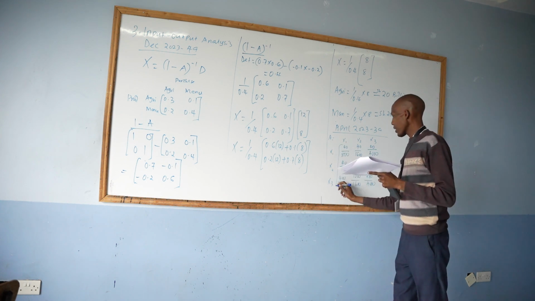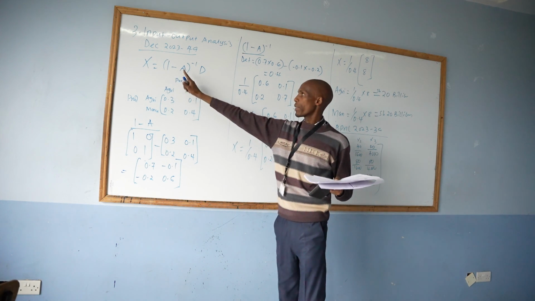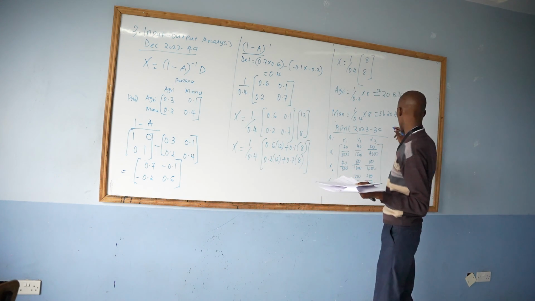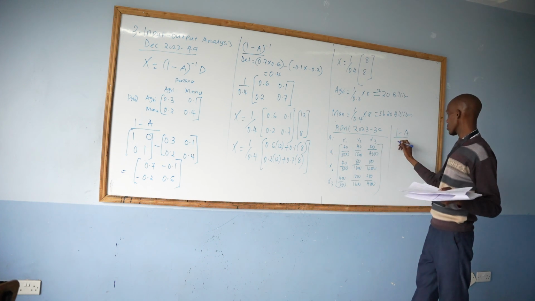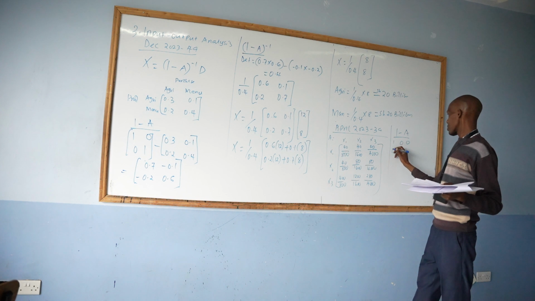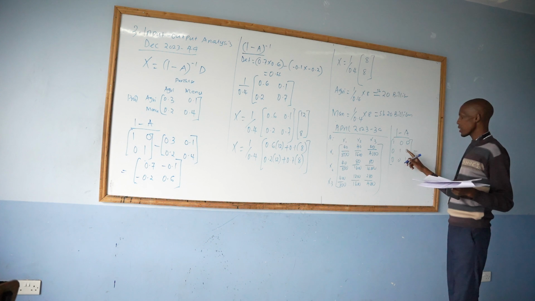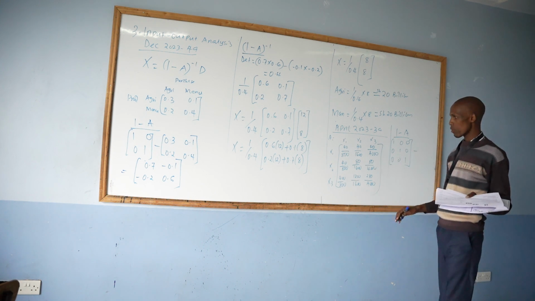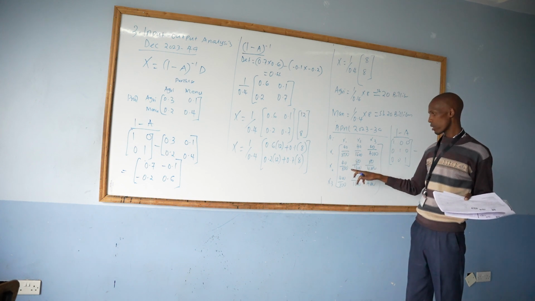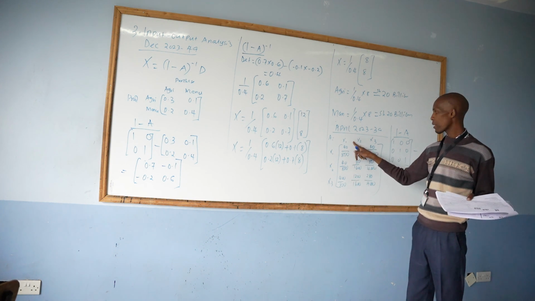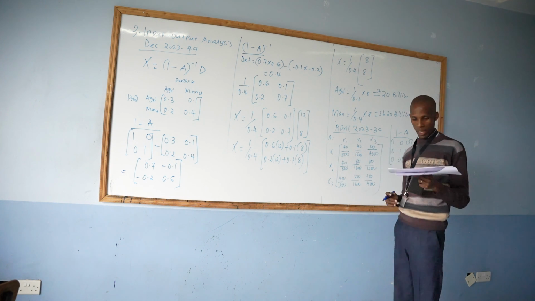Once you come up with A, you use the identity matrix of 3 by 3 to get I minus A. So you have 1, 0, 0, 0, 1, 0, 0, 0, 1 minus the answer that you get here. Then you get the inverse. The other steps will follow. Remember, we are saying 40 divided by the total of X1, because you are buying from X1, and you are buying from X2, that's why we are saying the total of X2.